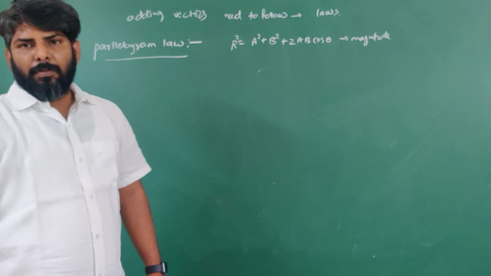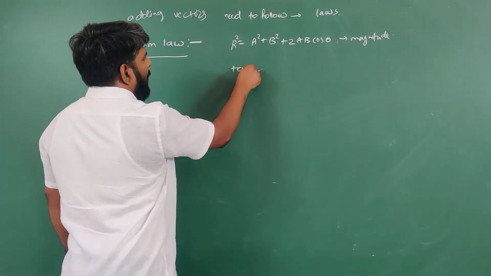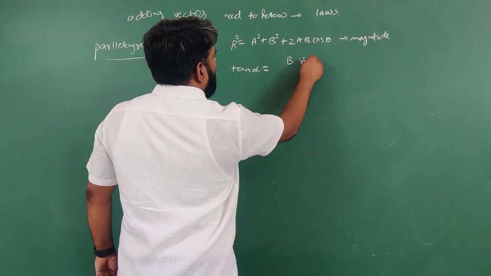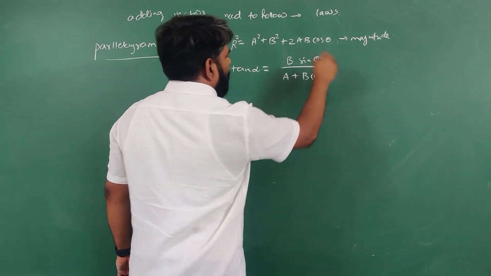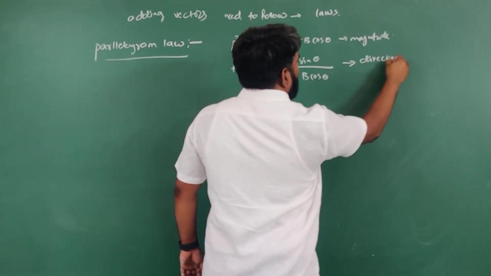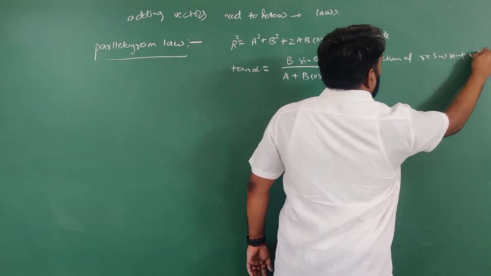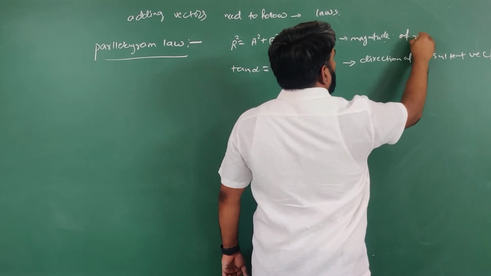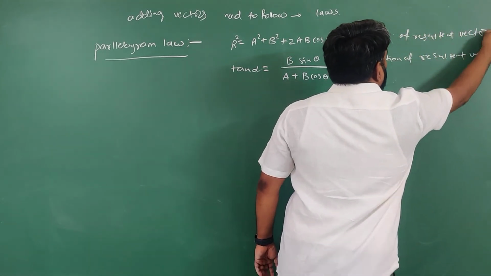And also for finding the direction of the resultant vector, tan alpha is equal to b sin theta by a plus b cos theta. This is the formula for finding direction of resultant vector.